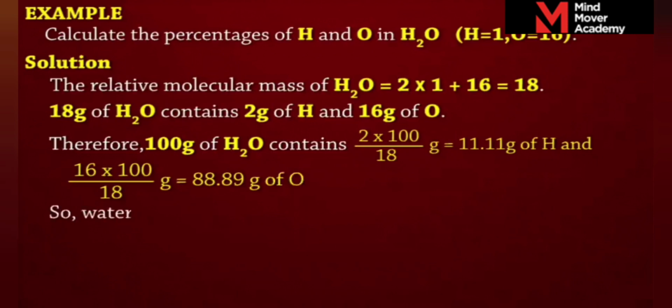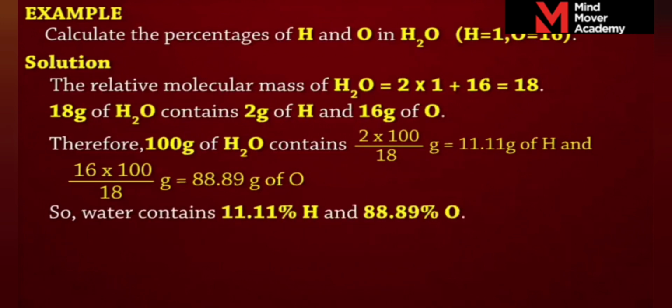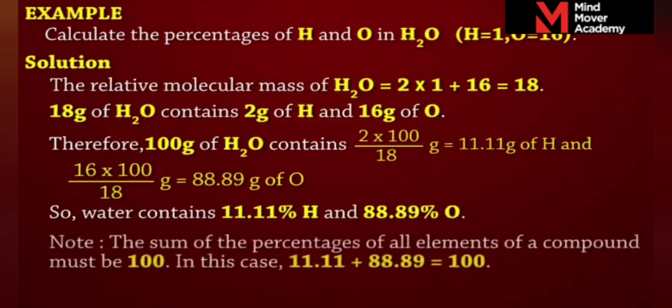So, water contains 11.11% of hydrogen and 88.89% of oxygen. An important point to note here is that the sum of the percentages of all elements of a compound must be 100. In this case, 11.11 plus 88.89 is equal to 100.